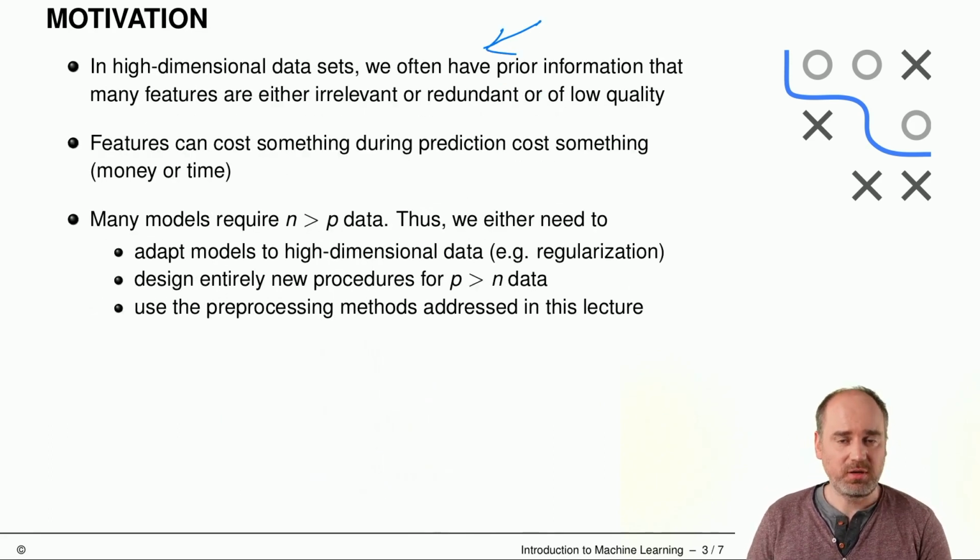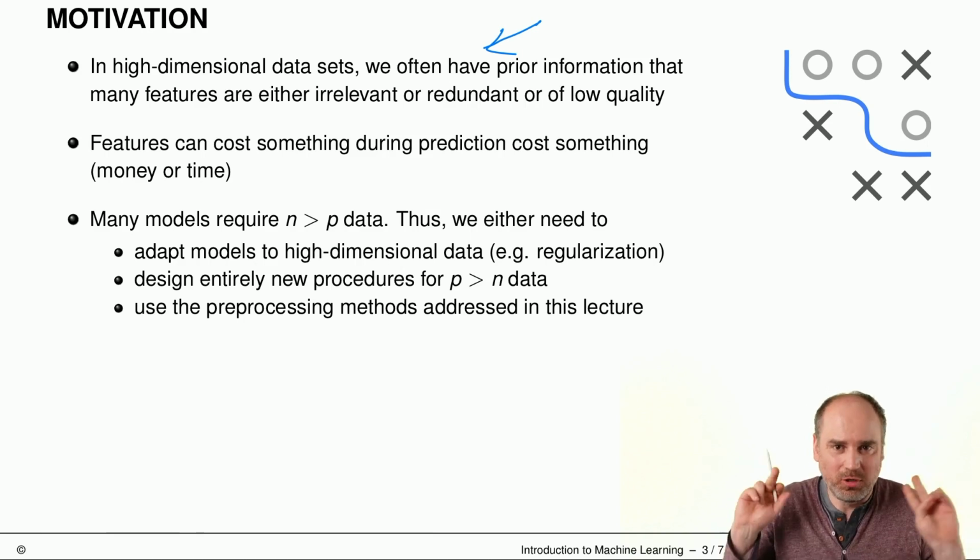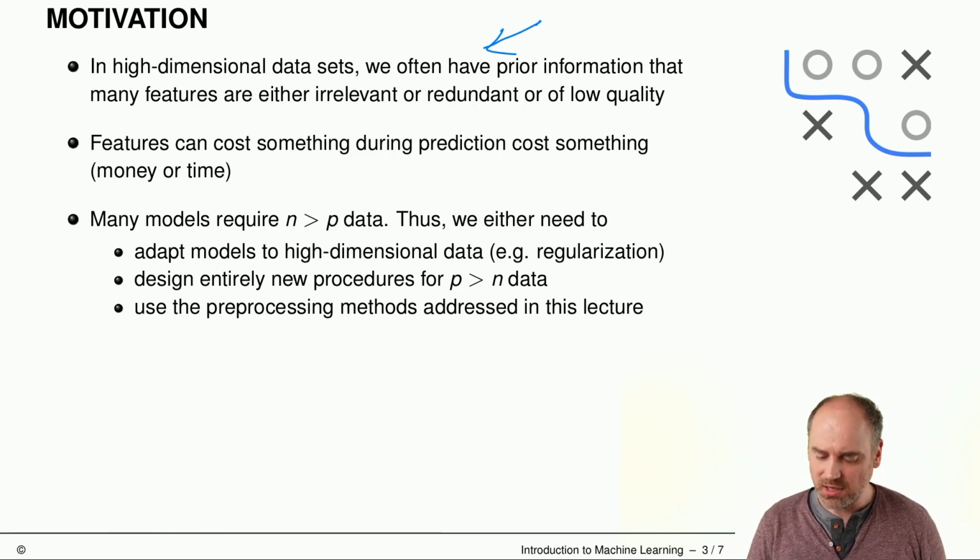There might also be another quite realistic reason why we want to reduce the number of features in our model, because features can actually cost us something during prediction time. If we perform feature selection, as you will see later on, this can be a computationally quite demanding process. So we are definitely paying something for that in training time, or in model construction or model selection time.